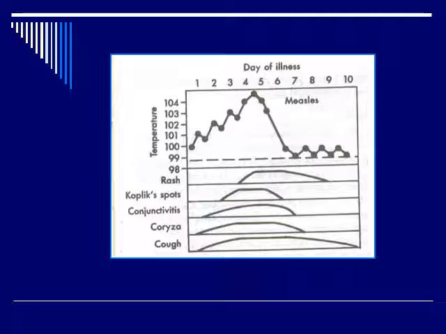The rash appears in the fourth day of fever, and the appearance of Koplik spots. Koplik spots appear 2 days before the rash and 2 days after the rash. And the associated signs and symptoms, including severe distressing dry cough, severe coryza, and severe conjunctivitis, as we mentioned before.